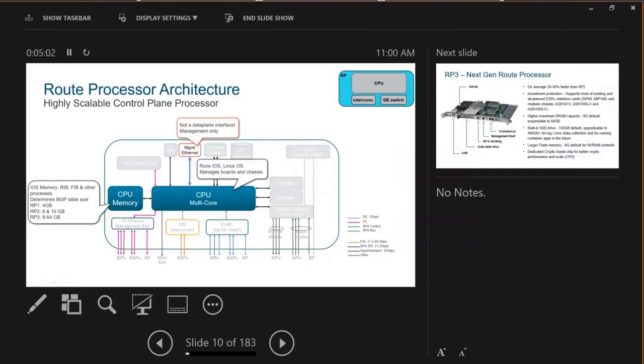So as I was telling here, the memory will be required for the processes running on the RP. So this is where you'll get that memory, the DRAM. It will be for processes running in RP plus the routing information base and forwarding information base at the control plane level. And it also determines the BGP table size.